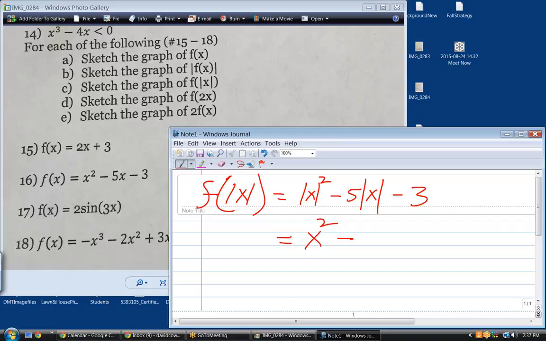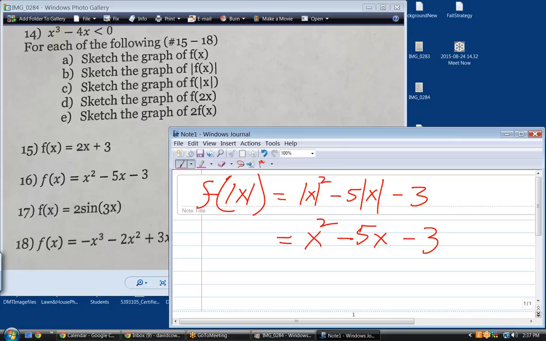And if x is positive, then it's minus 5x. So is that right? Let's look at this for a moment. If x were minus 2, then yeah, this is right. So it would be the same? Yes.